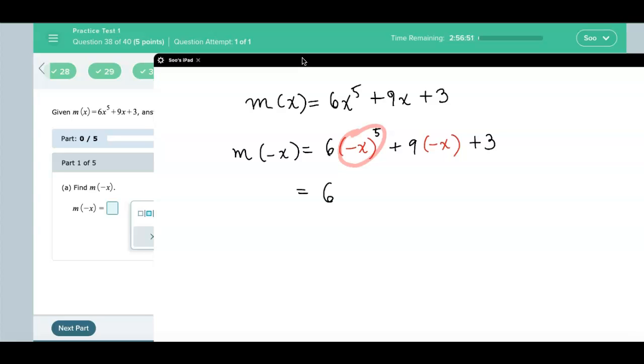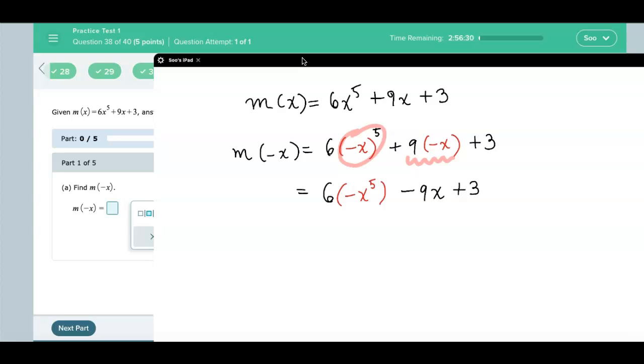Because 5 is an odd number, this will become negative x to the 5th power. In other words, it will stay as negative, right? Now I can simplify these two. Positive times negative is negative 9, right? Negative 9x plus 3.